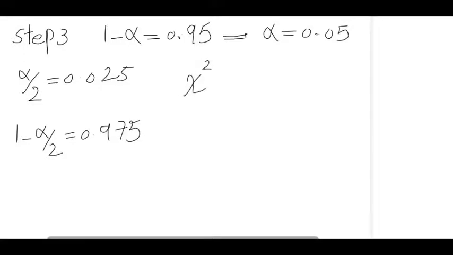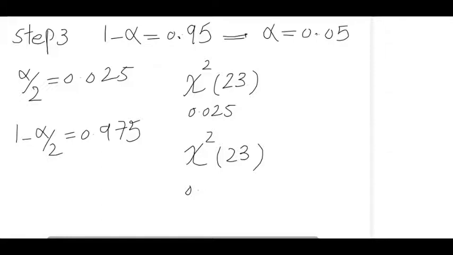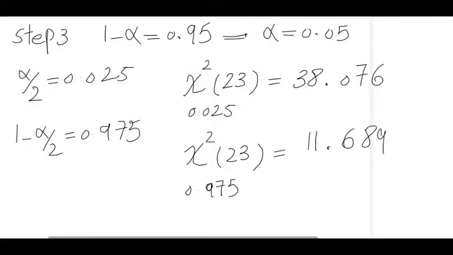So n minus 1 is 23, 0.025, and again 23, 0.975. If you check the chi-square table, the critical values are 38.076 and 11.689.